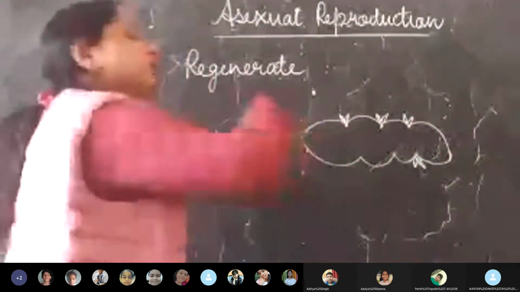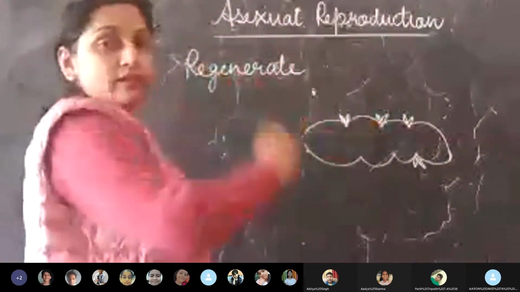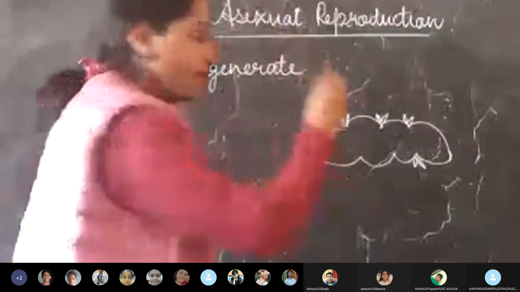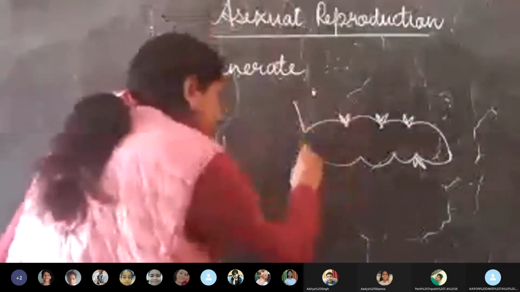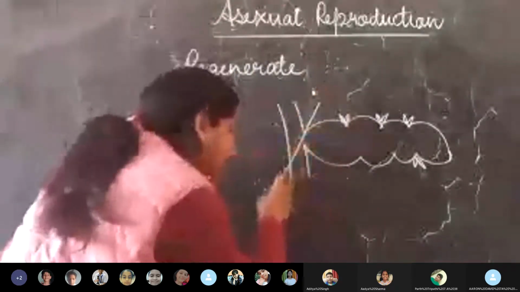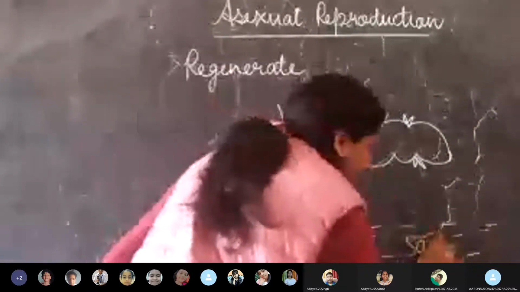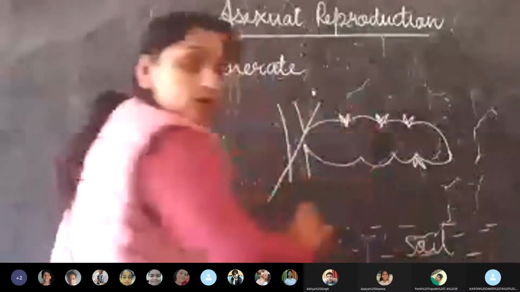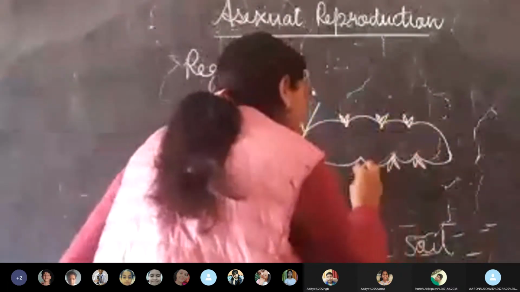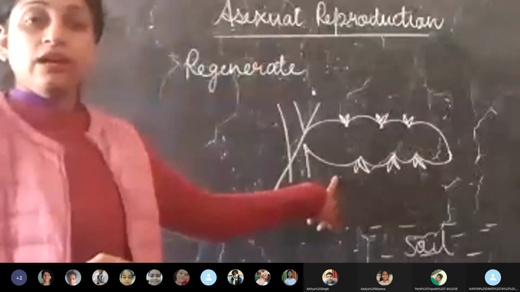Sometimes, due to some reason, this particular leaf which is attached to the plant, gets detached and falls on the soil. This is an enlarged view of one single leaf of the plant. When it falls on soil, each notch that contains a bud-like, small leaf-like structure is going to develop into a new plant.